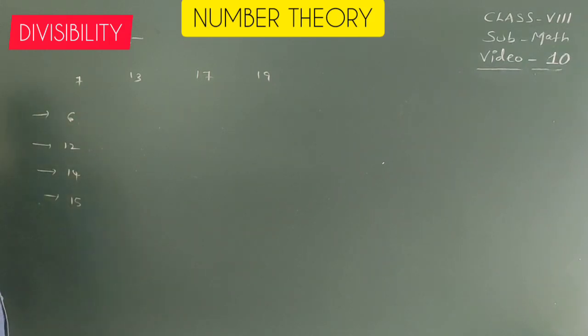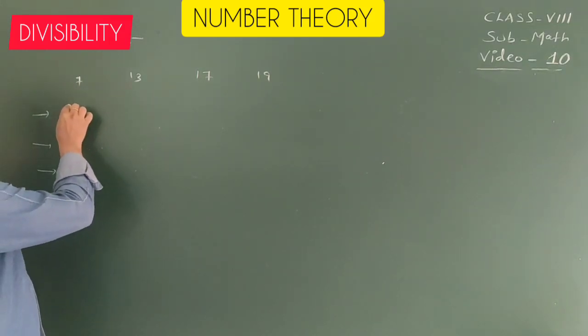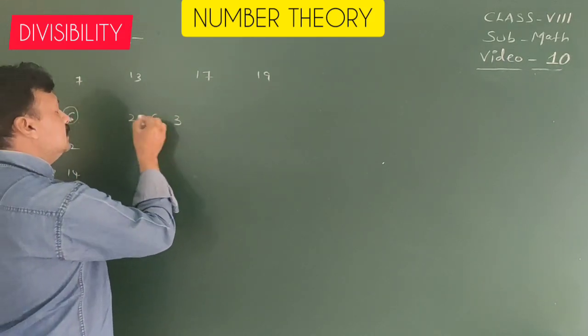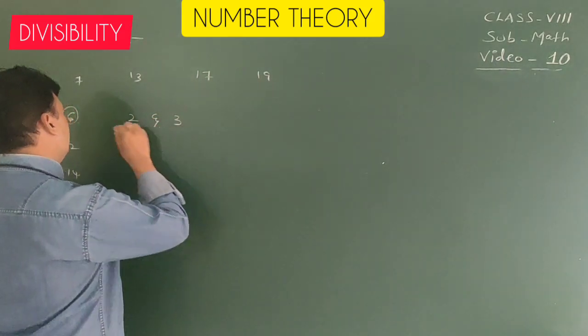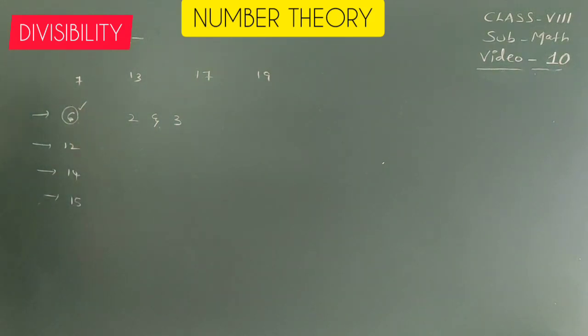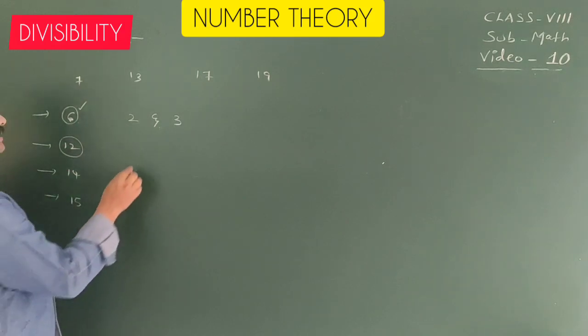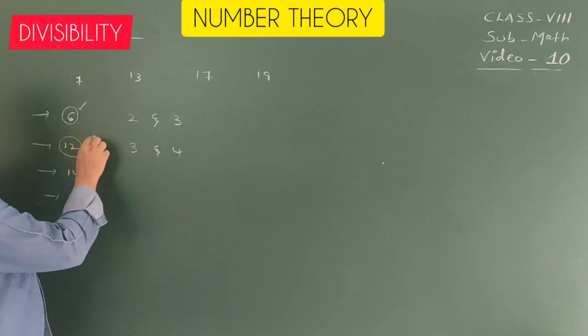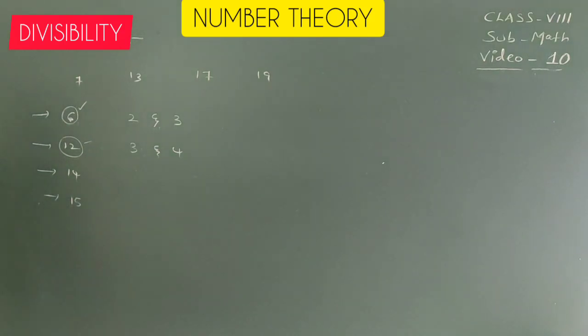Here, if a number is divisible by 2 and 3, then the number is divisible by 6. If a number is divisible by 3 and 4, then the number is divisible by 12.